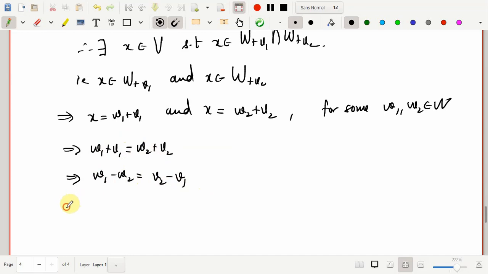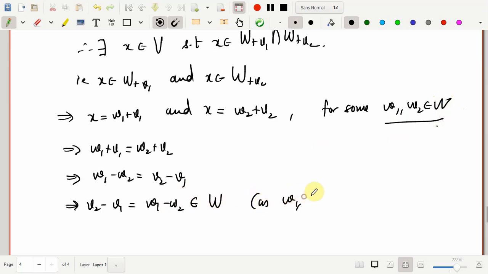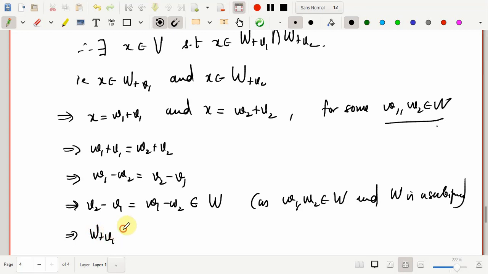Okay, so this means that V2 minus V1 is equal to W1 minus W2, but W1 and W2 are points from W. Being W a subspace, the difference W1 minus W2 also should be a point from W, as W1, W2 are in W and W is a subspace of V. So this is enough to say that W plus V1 is the same as W plus V2 by observation 3.